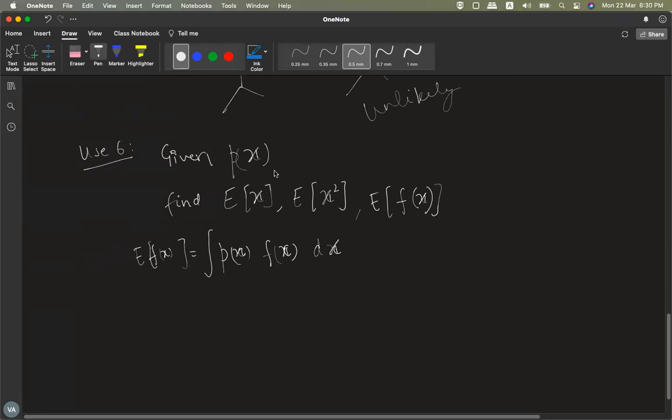Like p(x) is a very complicated function, and f(x) could also be complicated or simple depending on your choice. But p(x) is very complicated and you cannot solve it analytically. Then what do you do? How will you estimate these values?